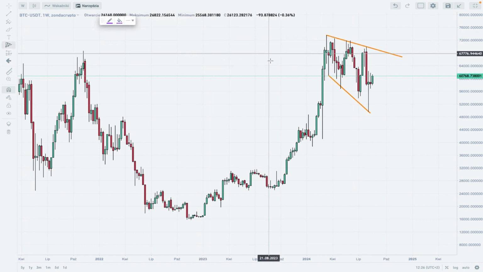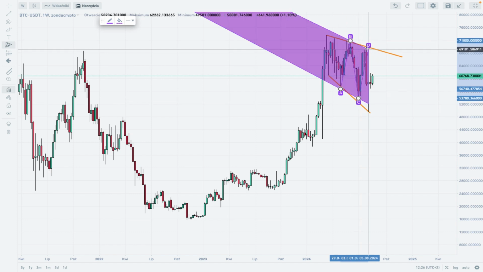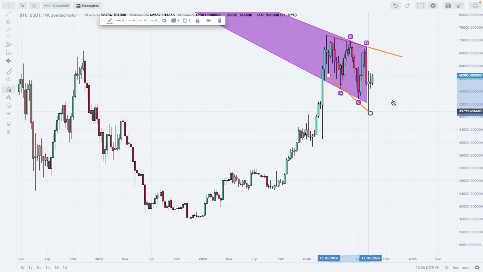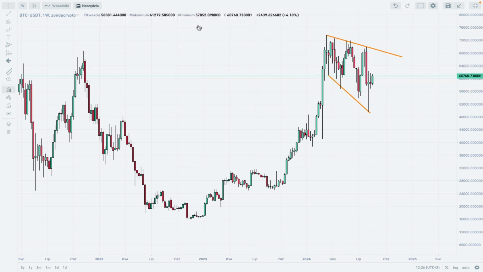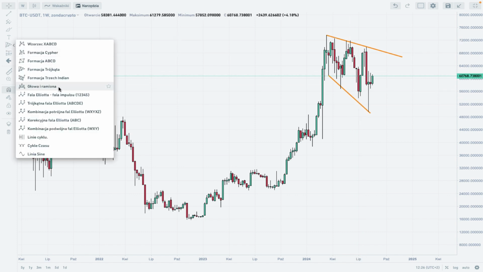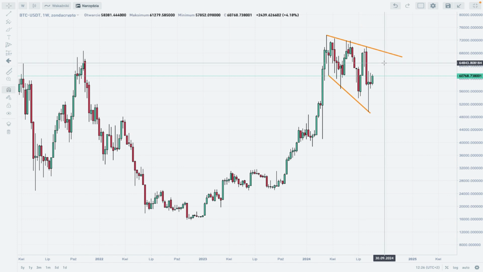Okay, once again, so you got the wave A, wave B, wave C, and wave D, and wave E to the downside. There you go. This tool is not really great. Anyway, A, B, C, D, E, right? Like a classical triangle. Nevertheless, you know what I mean, right? So we got this triangle formation.